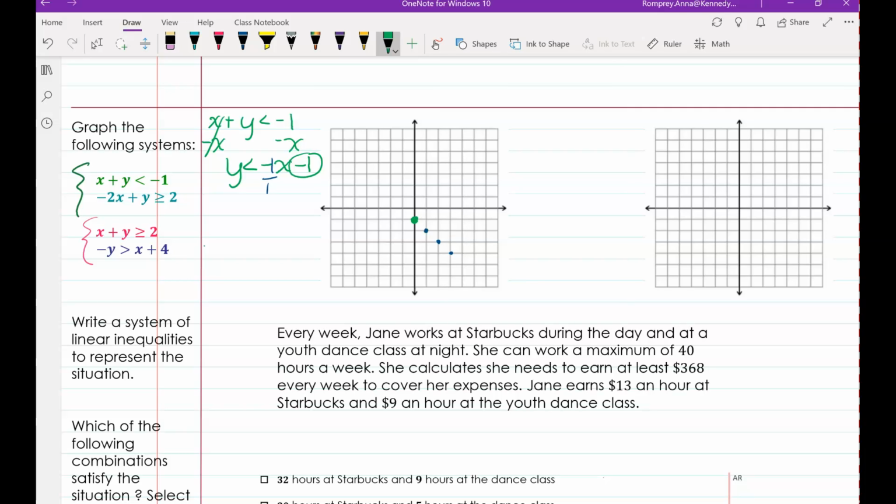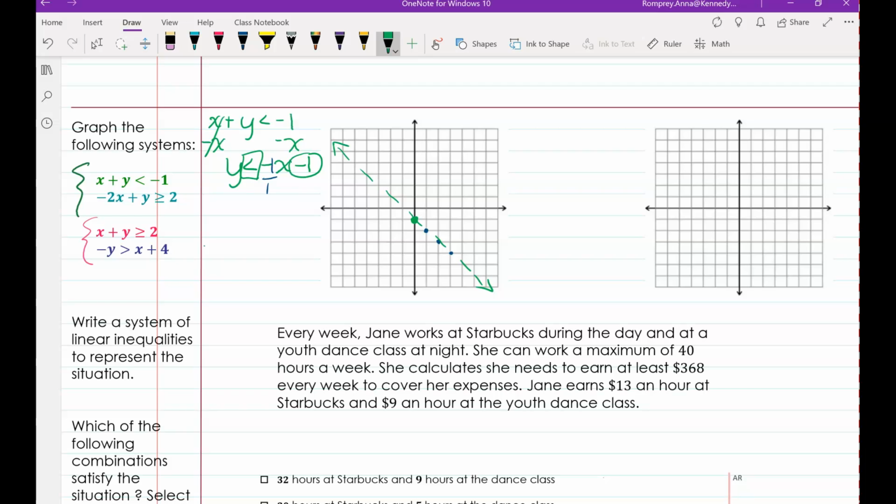So remember, with inequalities, we have to focus on our inequality symbol. Is it open or closed? So since it's less than, it is not equal to, it's open, so I need to designate that using a dashed line. Okay, so now inequalities have a lot of solutions.